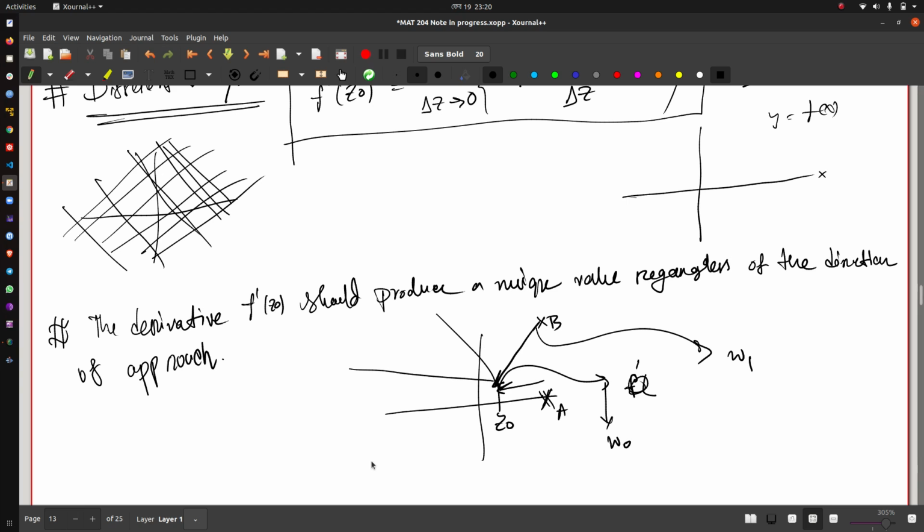You can have many different approaches and many different values, but all these values should be equal to each other if the function is actually differentiable at that point z0. If you get different values, that means it's not differentiable at that point. As a result, the derivative itself doesn't exist.